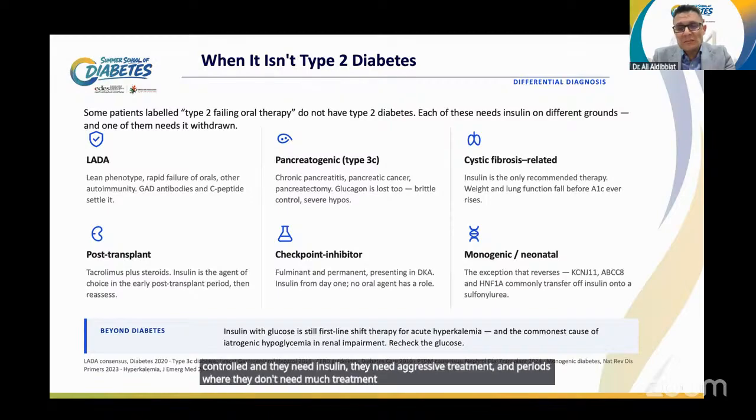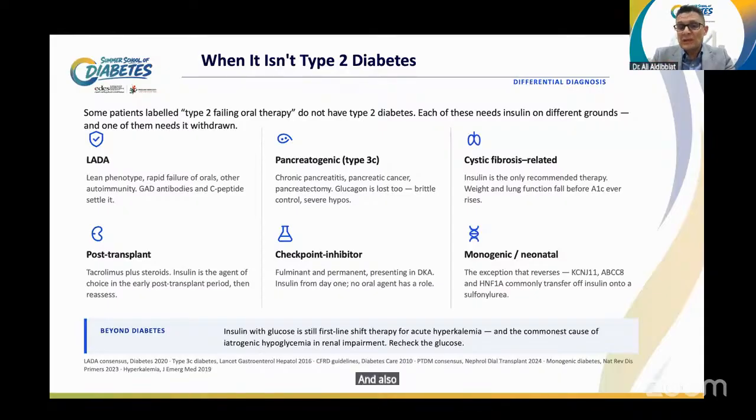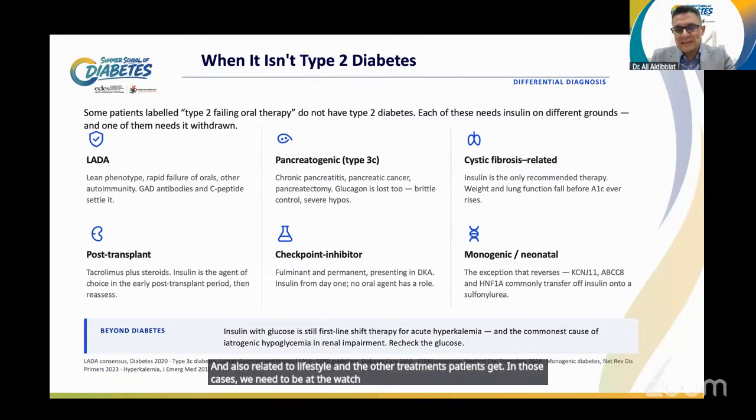This is likely to be related to the waves of inflammation that go through the pancreas related to cystic fibrosis, and also related to lifestyle and the other treatments patients get. In those cases, we need to watch out and give insulin as needed. And most of the time, HbA1c is not very helpful in those respects, and therefore monitoring glycemia is key there.